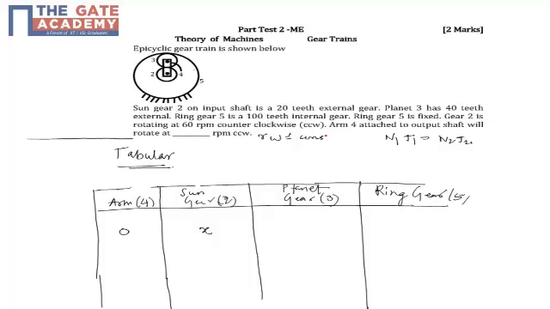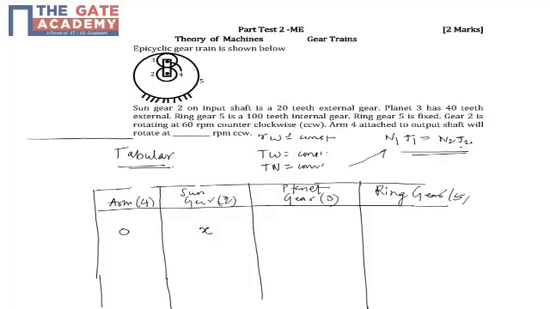Since r is module times number of teeth, and module is constant for a pair of gears, teeth times omega is constant. Omega can be expressed in terms of n, so ultimately t times n is constant for a pair of gears in mesh. That's n1 t1 equals n2 t2.